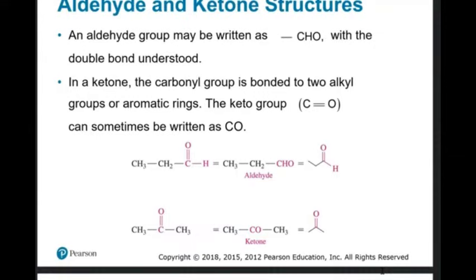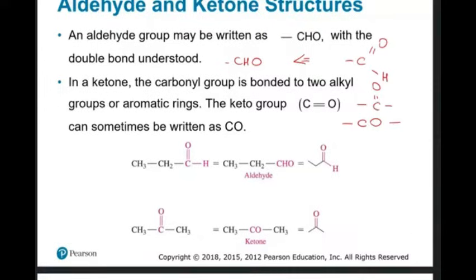So in some cases, when you want to write a condensed structural formula, instead of drawing the carbonyl group in an aldehyde at the end of the molecule, you can replace it with this. Conventionally, it is a carbonyl group in an aldehyde. In a ketone, we can just do this instead of expanding the entire structure.